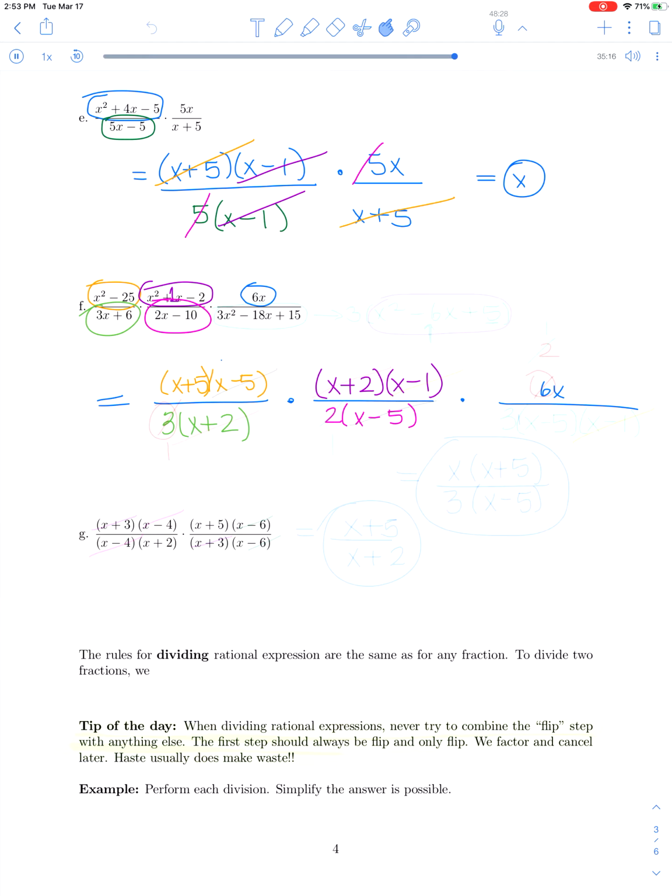Now, the denominator of the last fraction does factor, but you have to be careful. Notice, before you do anything, there is a greatest common factor of 3 that you can factor out first, which would leave you with x squared minus 6x plus 5.